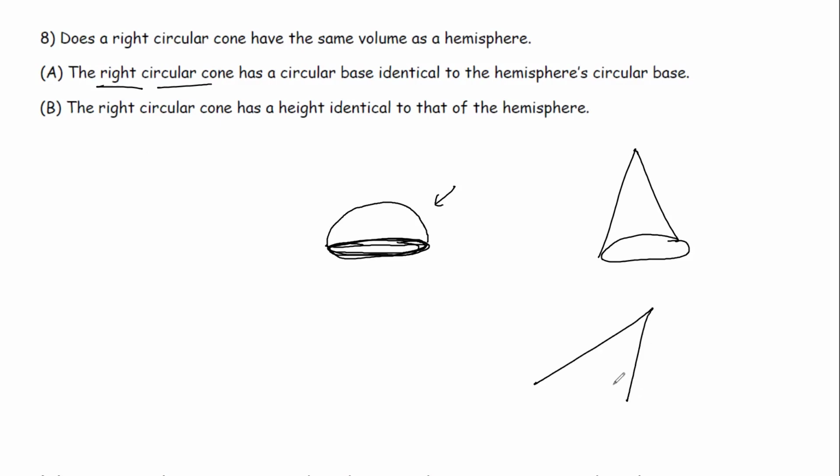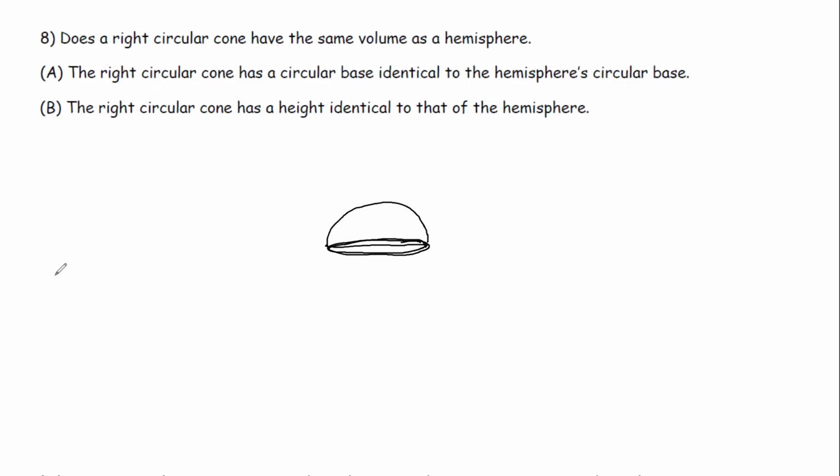Otherwise, you'll have cones like this, right? Diagonal. But you have an upright cone where the tip is coinciding with the center of the base. Anyway, moving to the question, does the right circular cone have the same volume as a hemisphere? So now, remember, volume of the hemisphere is 4 by 3 pi r cube.